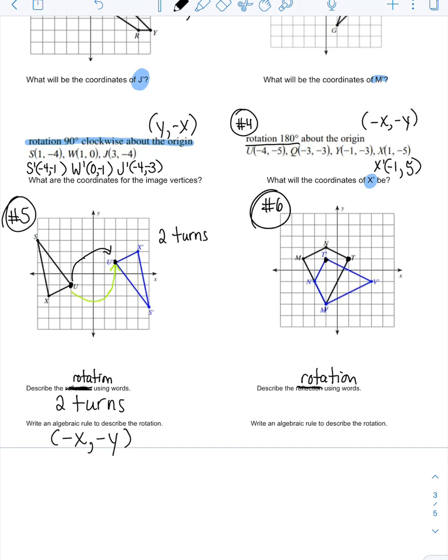So to get from t to t prime, I turn 1. I go from quadrant 1 to quadrant 2, and it's 1 turn to the left. So 1 turn to the left. Okay? So if you go from 1 to 2, that's 1 turn to the left.